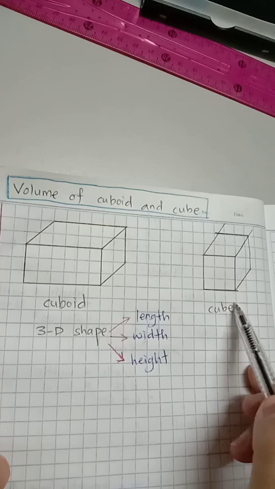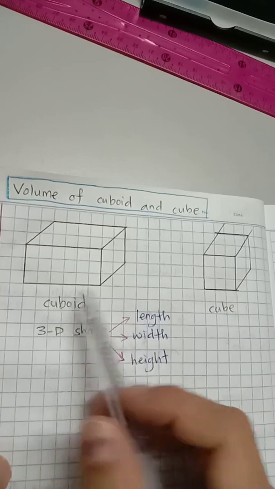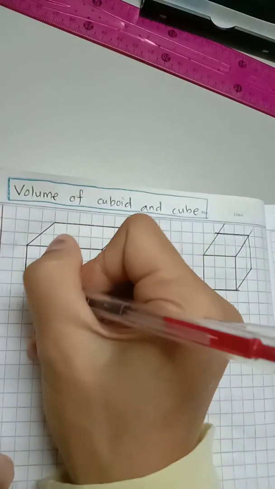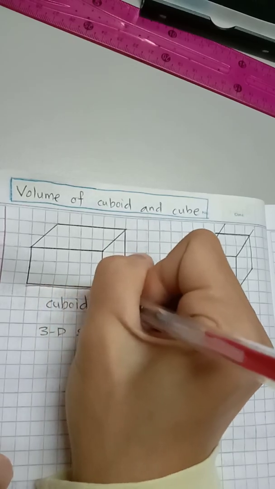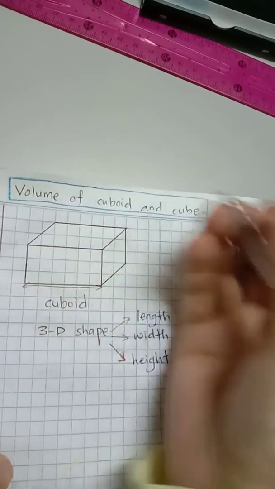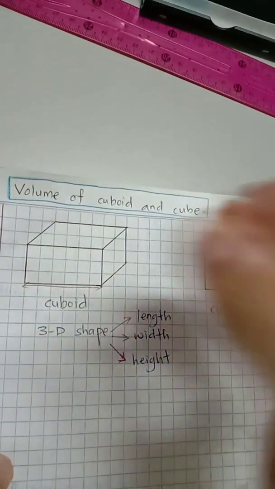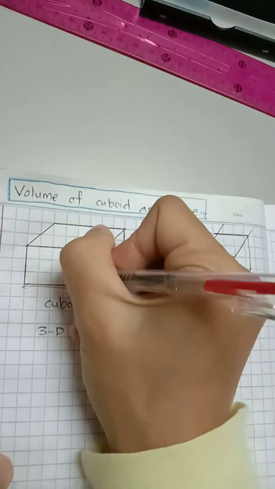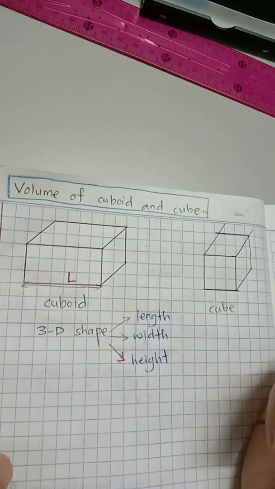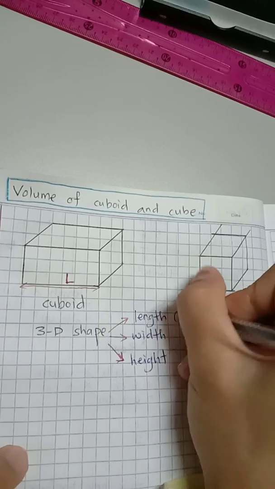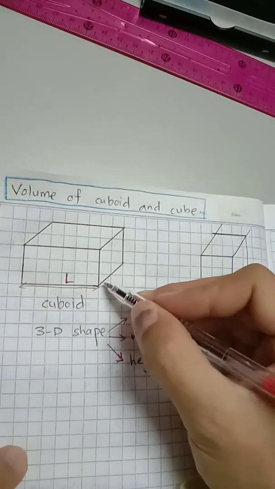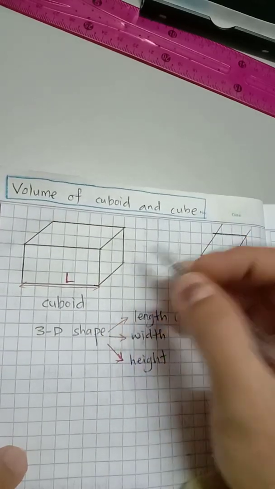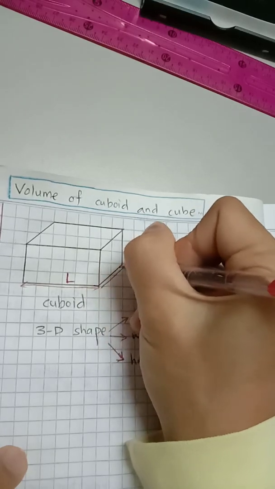The same goes for the cube. So the length is here. This is the length. I'm going to label it L. The width is at the side. This is the width.